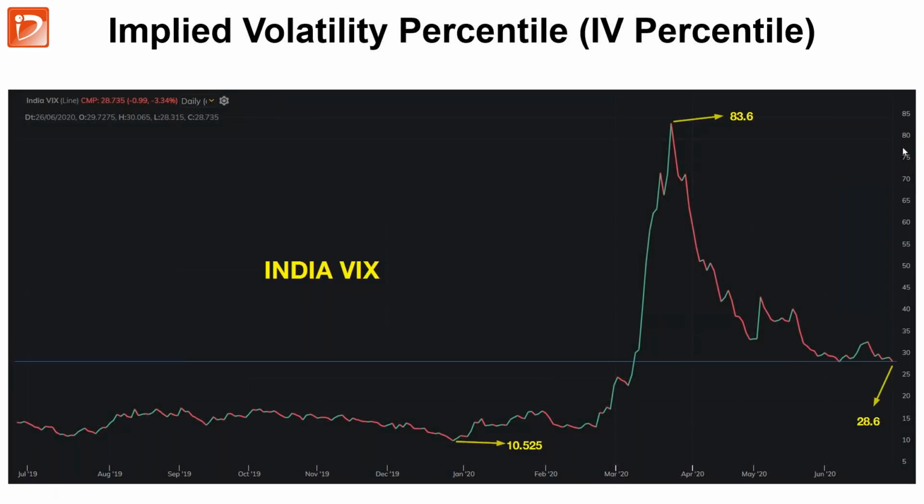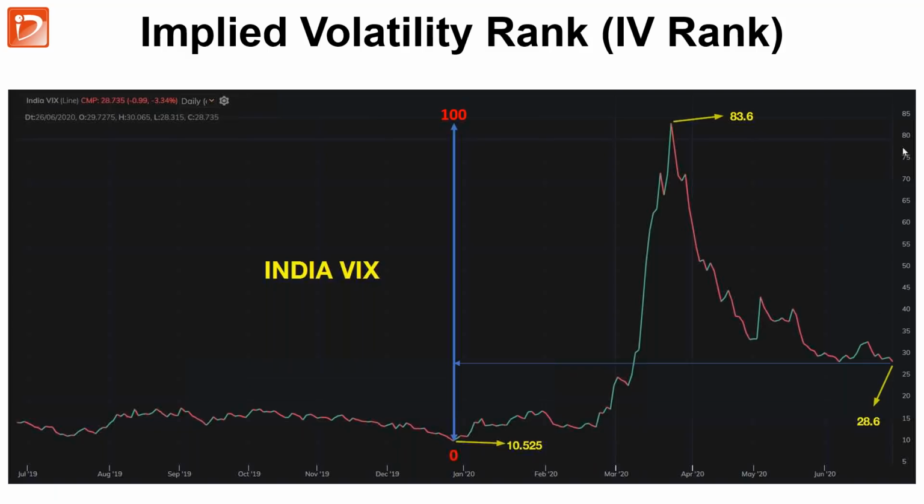If you go back here, the current IV is still very high compared to the major part of the year. But IV rank is saying that it's only 23.9%. So it is understating the IV in this case.